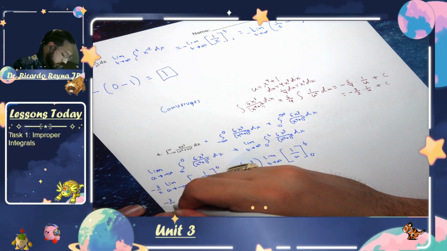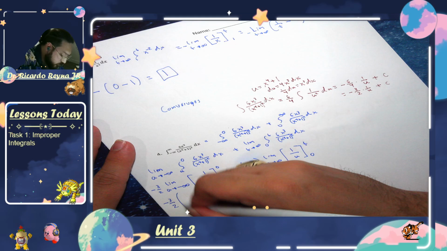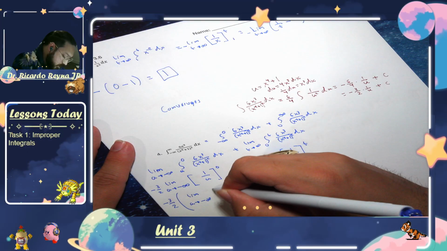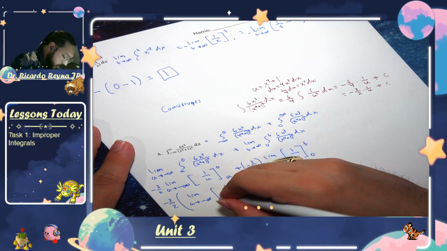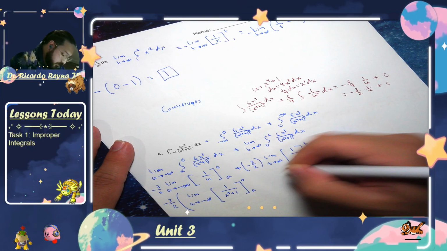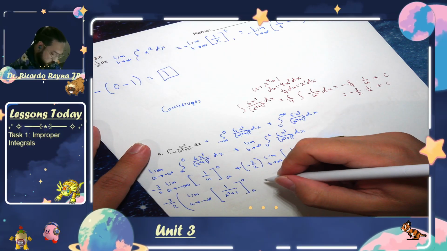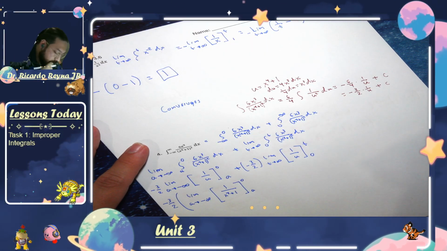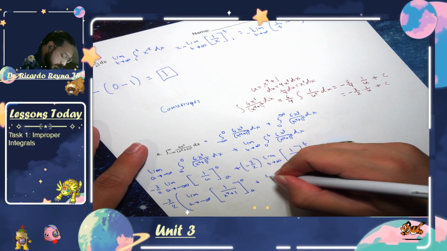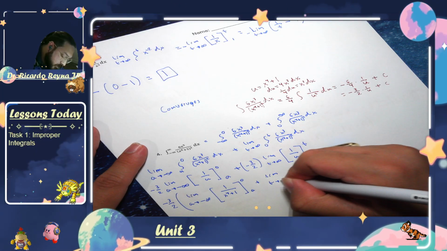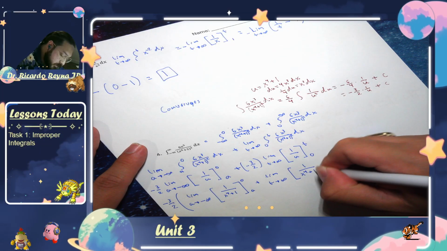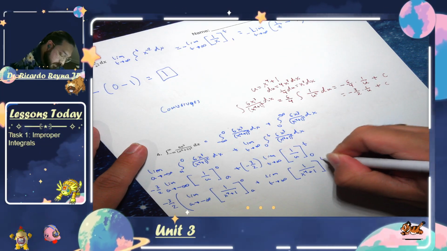Well, in that case, I'll go ahead and factor out all of the negative 3 over 2. The limit as a goes towards negative infinity of 1 over x to the power of 4 plus 1 from 0 to a, and then plus the limit as t goes towards infinity of 1 over x to the power of 4 plus 1, t to 0.